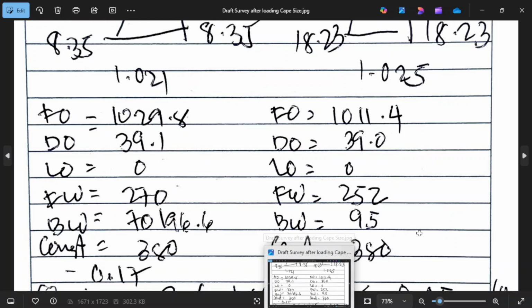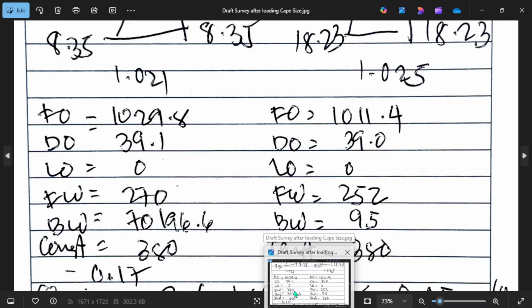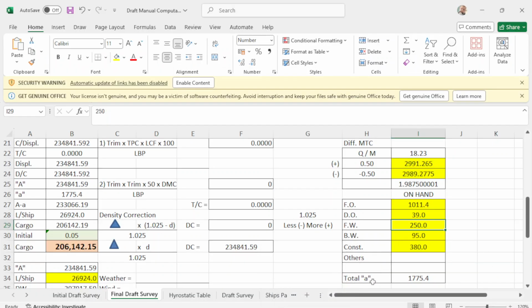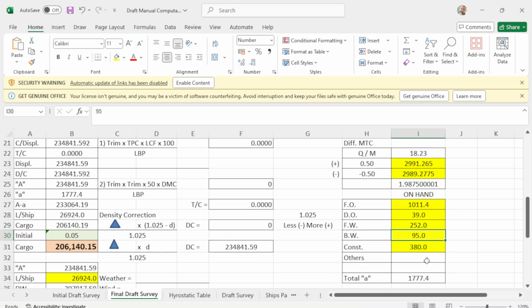DO is 39 exactly. Put 39, and your fresh water is how much? Fresh water is 252. So you put 252, and your ballast is 95, and your constant is 380.